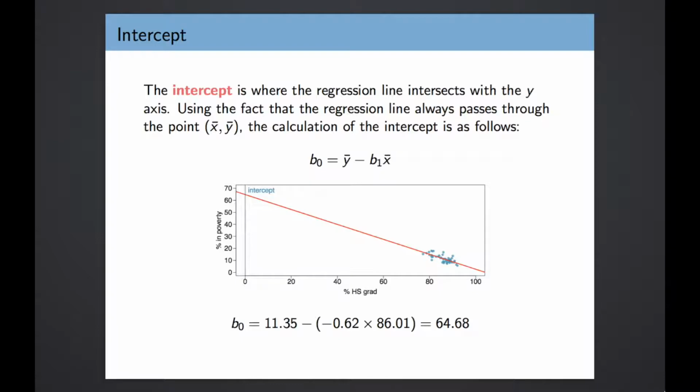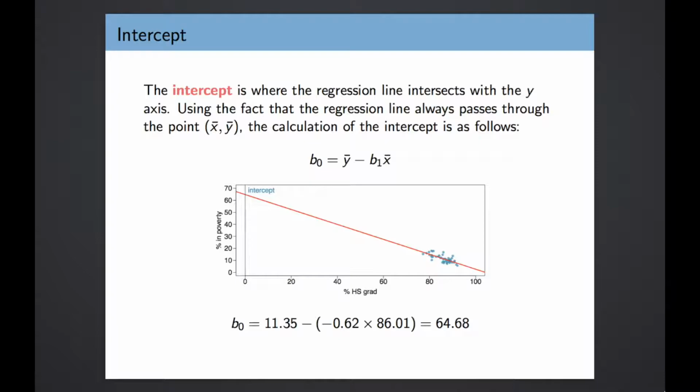So using that fact, we can calculate the intercept by saying that the intercept is equal to the mean of y minus the slope coefficient times the mean of x. So what this means is that if you have the slope coefficient and the mean of each of your variables, you can easily calculate the intercept.